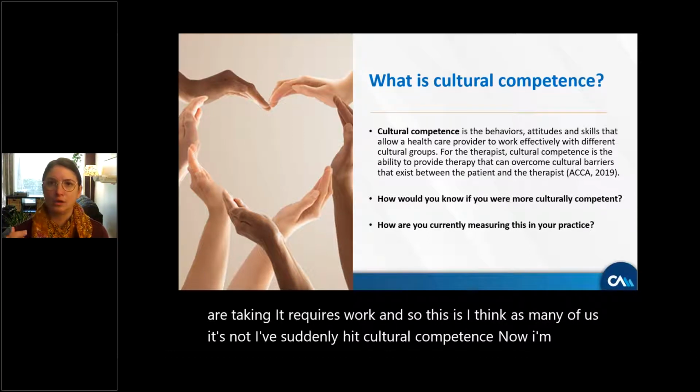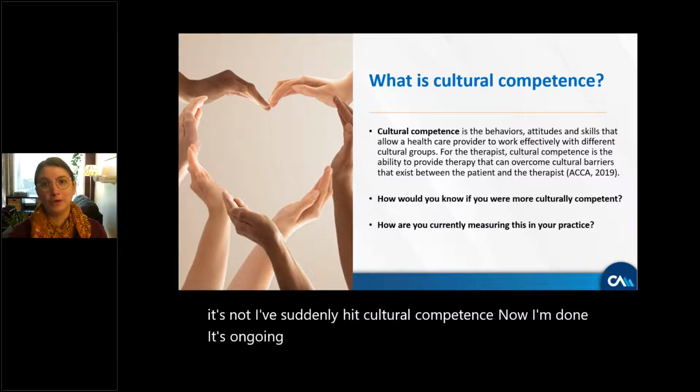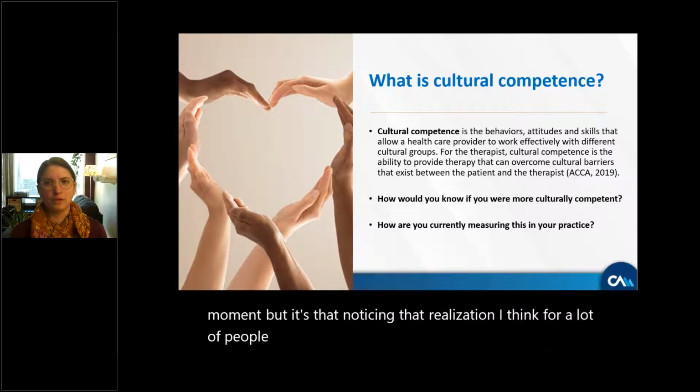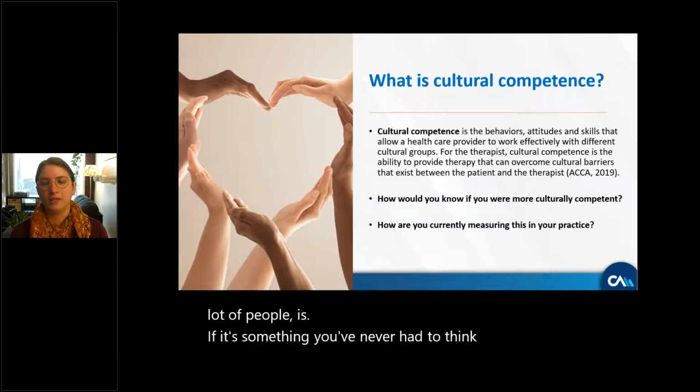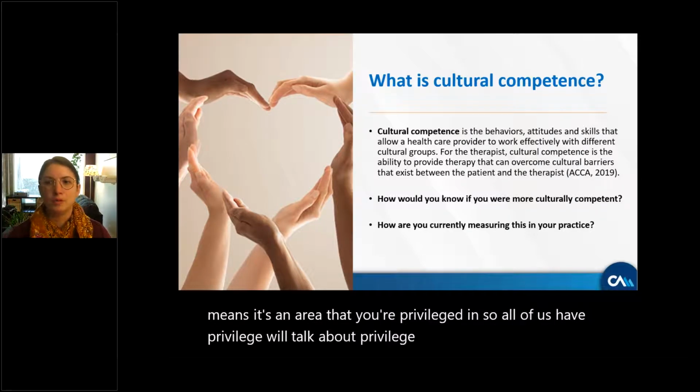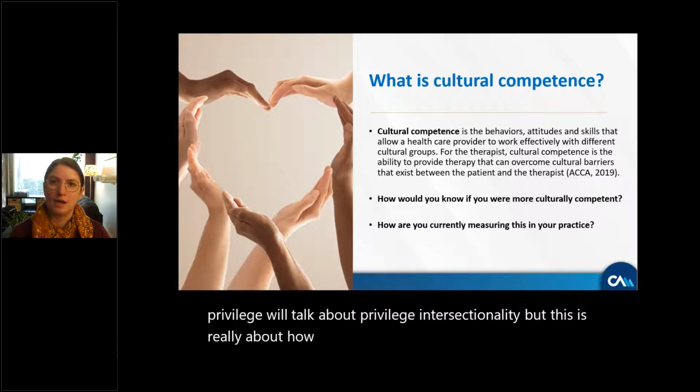It's ongoing learning, and we'll talk about privilege in a moment, but the realization for a lot of people is, if it's something you've never had to think about, it probably means it's an area where you're privileged. So all of us have privilege. We'll talk about privilege and intersectionality, but this is really about how I take the time to put in the work to change behaviors and learn more about my bias.